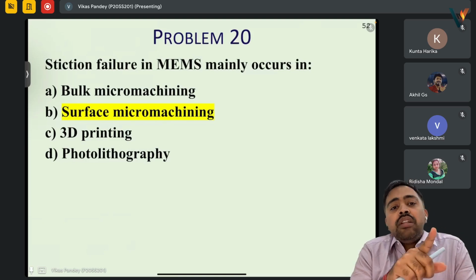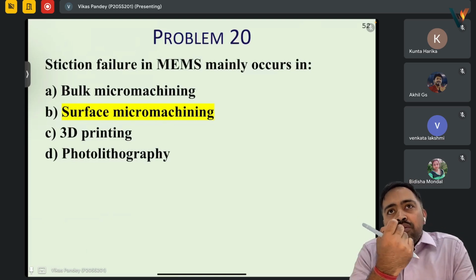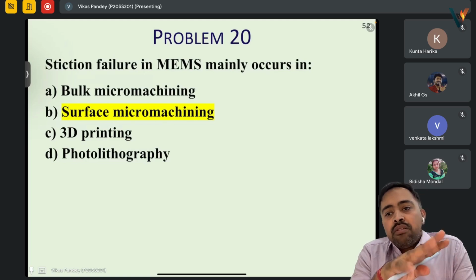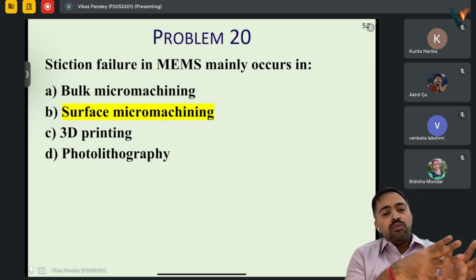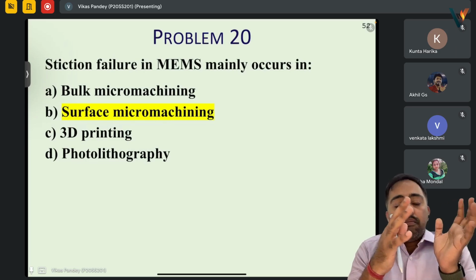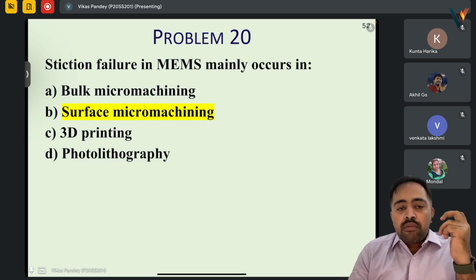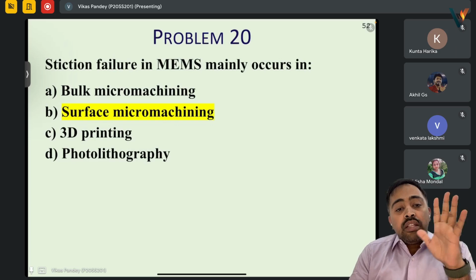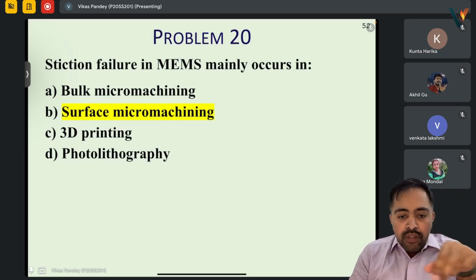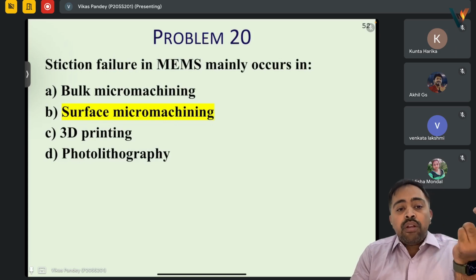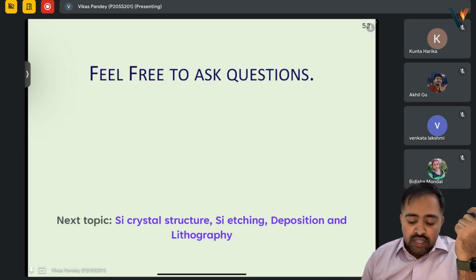Although MEMS devices use a lot of photolithography, the structures are not machined or carved out by it. It is just a technique to define the pattern. We will be talking more about photolithography in the next section.